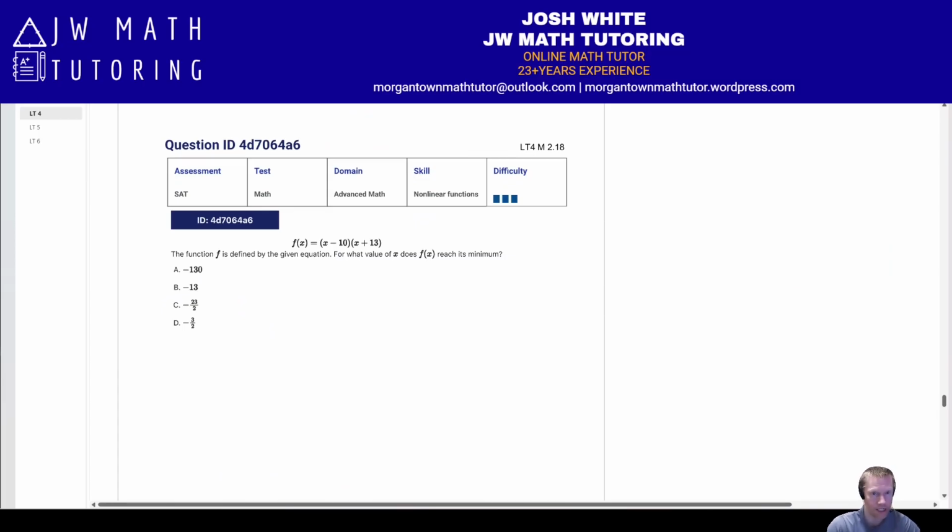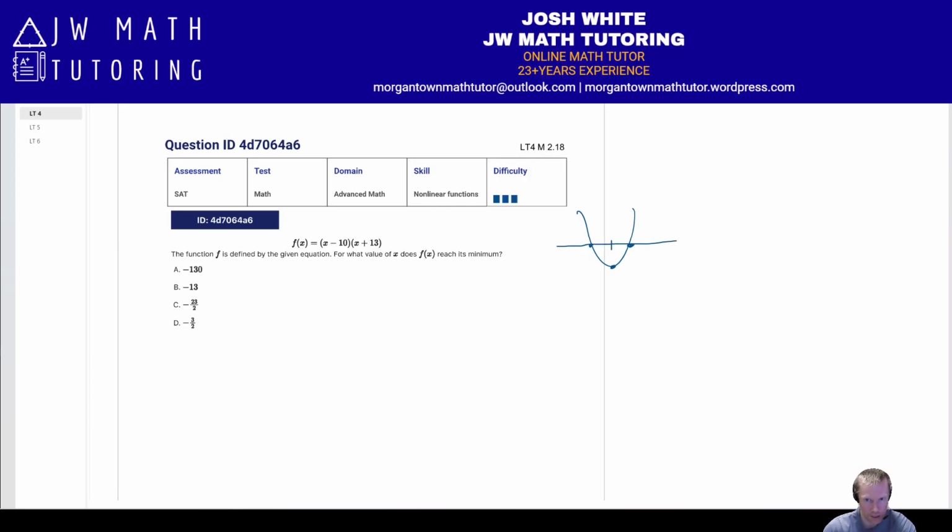Next up, question number 18. For what value of x does this function reach its minimum? So the way to do this by hand is to notice that the vertex for any quadratic function is basically symmetric, or directly in the middle of your two x-intercepts, meaning if you take your two x-intercepts and average them, that's going to give you the x-coordinate of your vertex, which is what they want here.